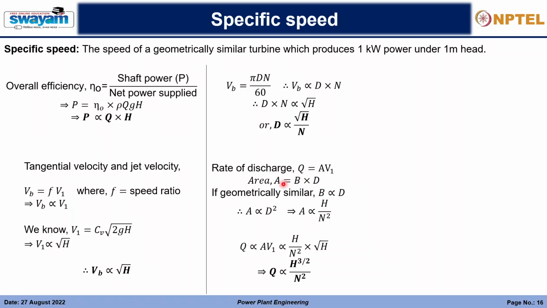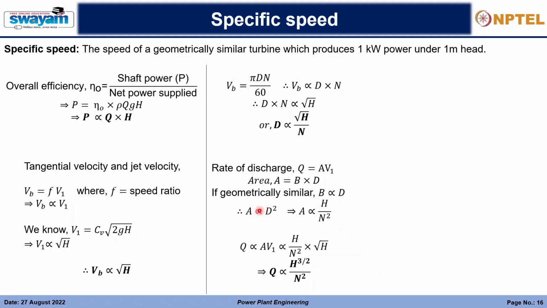Accordingly, if it is geometrically similar, B and D are having a particular ratio. B is directly proportional to D. So this ratio needs to be maintained in the actual turbine also, the turbine that we need to scale down. So this geometrically similar concept should be applicable in both. Okay, so this ratio should be constant.